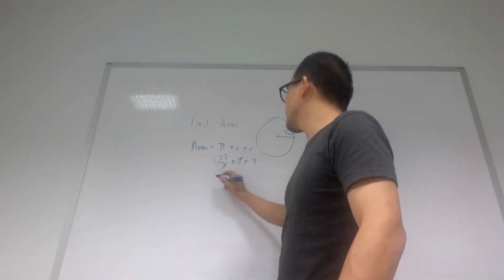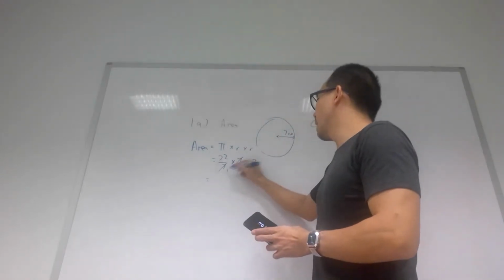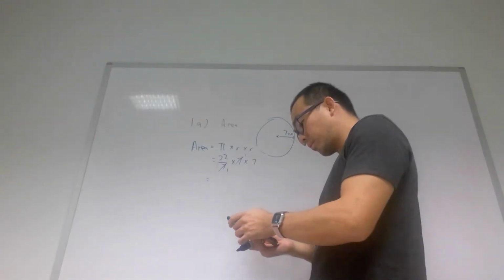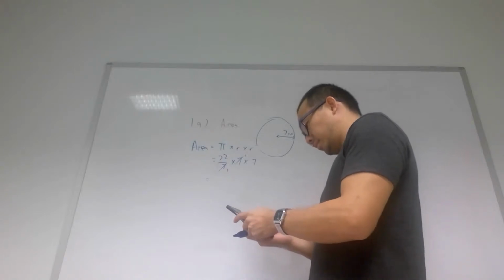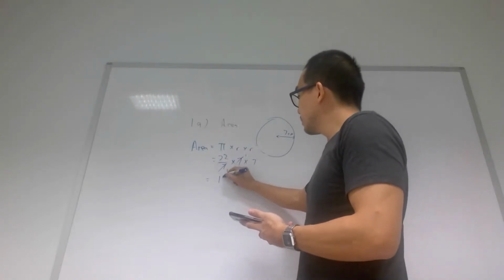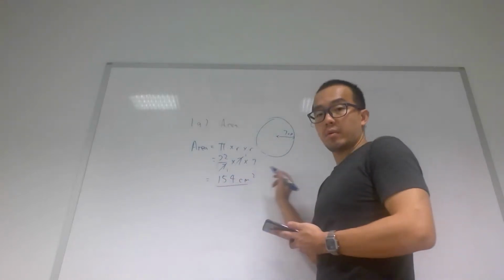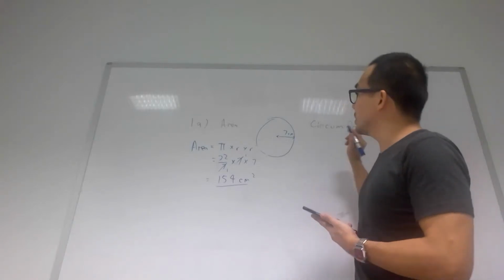And if I cancel, 22 times 7, what's the answer? 154. Okay, make sure you give me the units. Okay, 154 square centimeters. All right, now circumference, Sam.